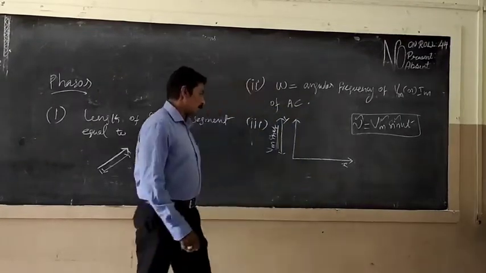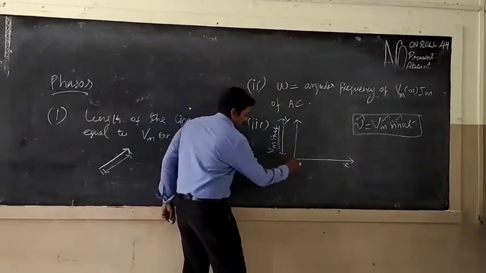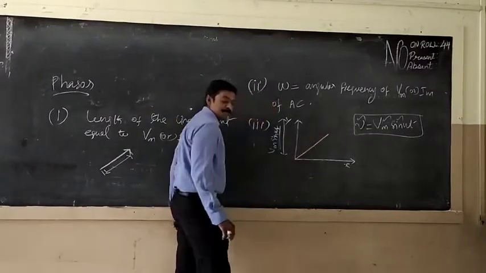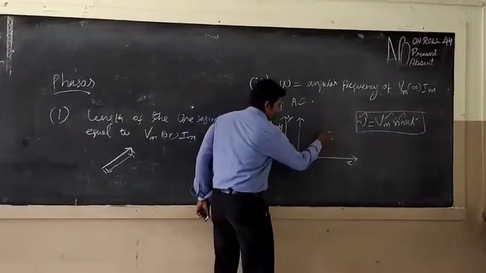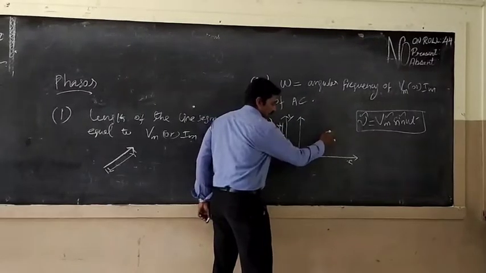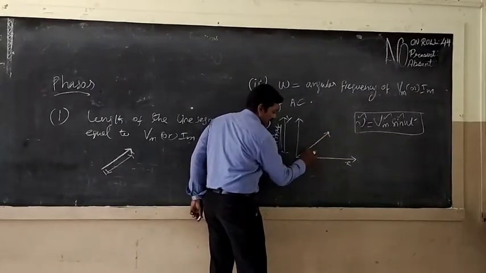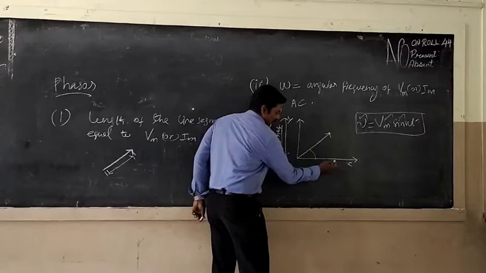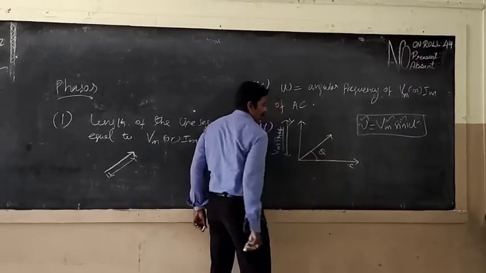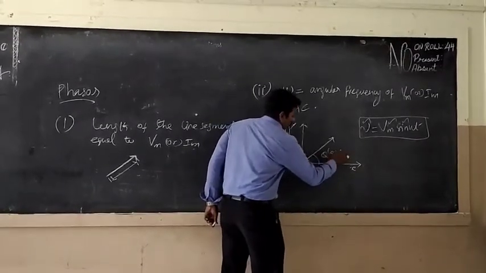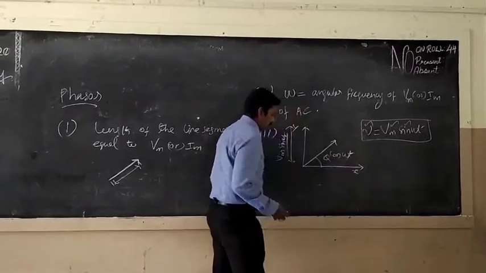Then the final thing: this is the length of the line segment, shown with the arrow mark. This is the phasor. This phasor makes an angle with the x-axis, theta or omega t.